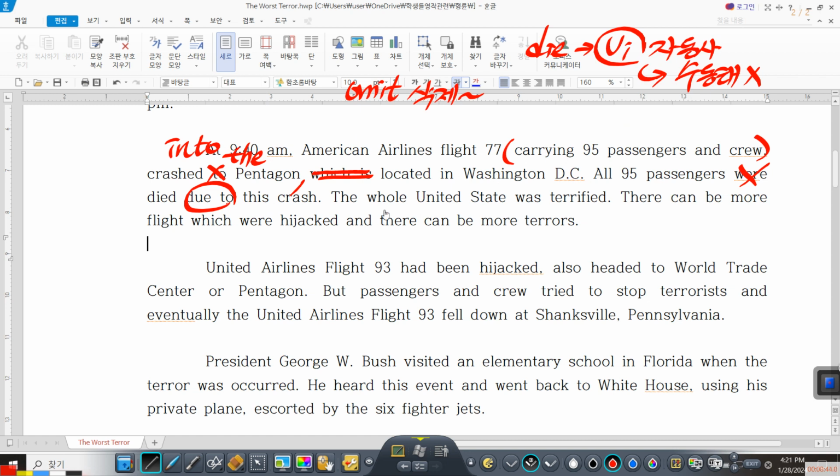And the whole, okay, the whole is okay. The entire, how about entire? The entire United States or the whole United States. I don't think there's this huge problem. And terrified. There can be or there could be. Huh? Why? There can be means this is something that might happen in the future. What do you mean by this? Okay, how about this?